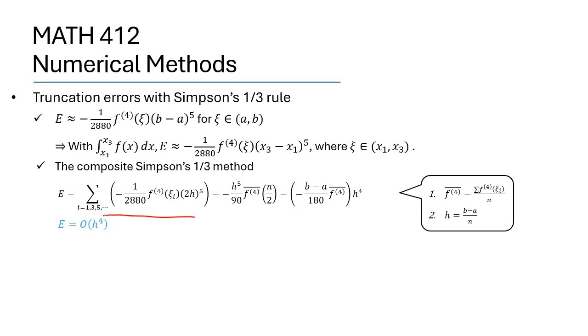And remember, h is given by this, so you replace it into this and you get that part. So that's why it's big O of h to the fourth for the composite formula.